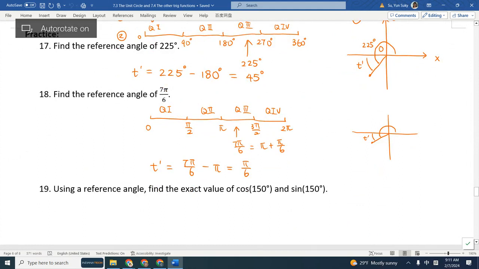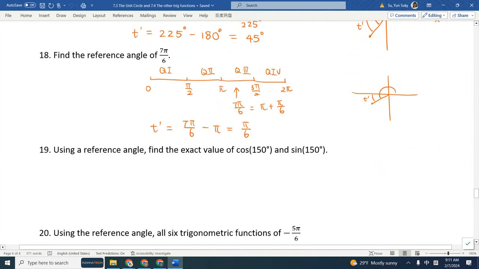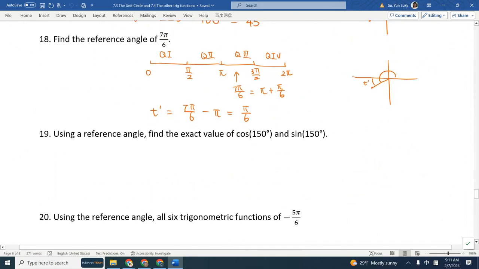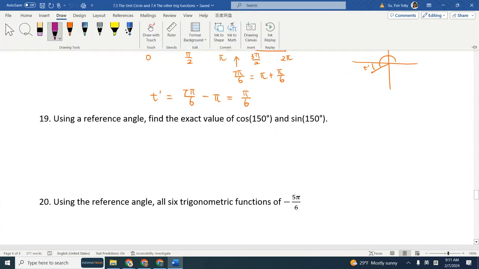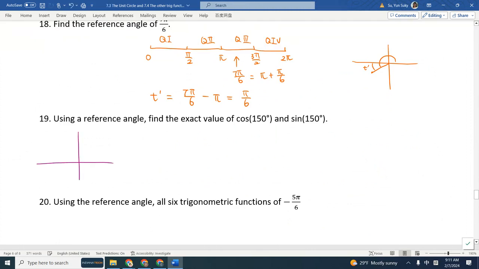So last time we did number 17 and 19. Today we're going to continue. Okay, so after we find the reference angle, how do we find the trig functions? Okay, so look at this, 150 degrees. So 150 degrees, let's draw the picture.